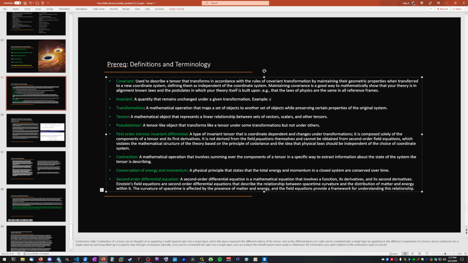Since it's based upon the theory of covariance, and that the laws of physics should be independent of the choice of coordinate system, invoking this to satisfy it actually catastrophically destroys the relationship that would be in alignment with covariance, right? To satisfy the postulates upon which the theory is built, and then using this to mathematically describe it.